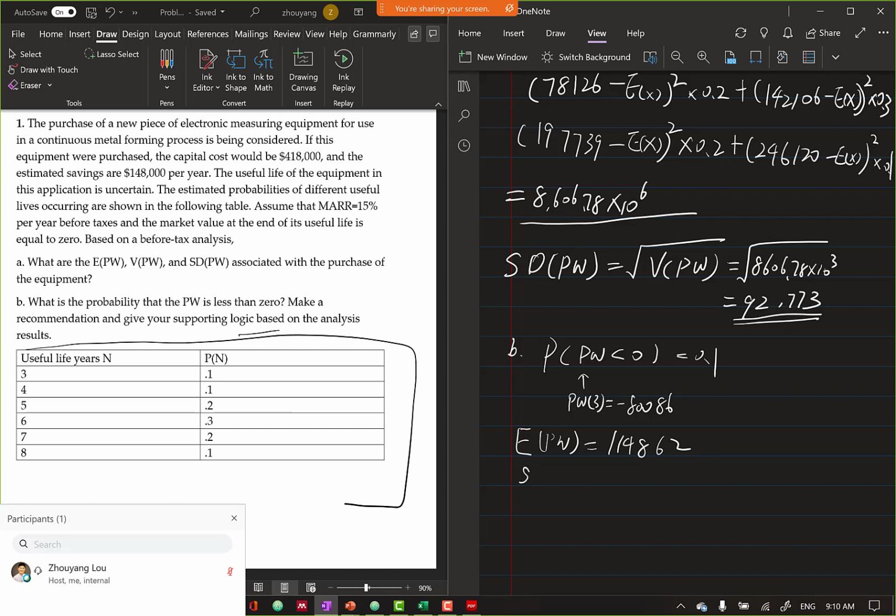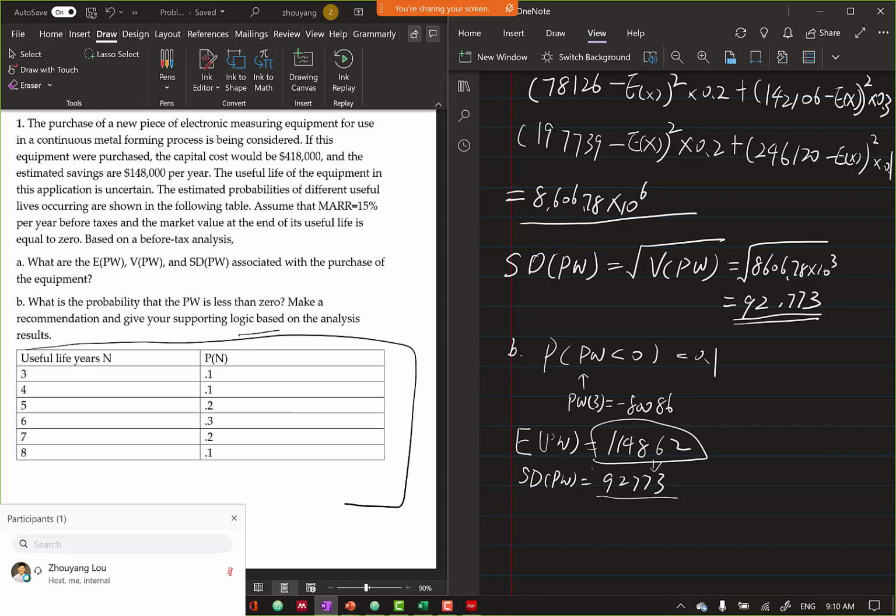The standard deviation, since that's in the same unit, is 92,773. This expectation is even larger than one standard deviation.